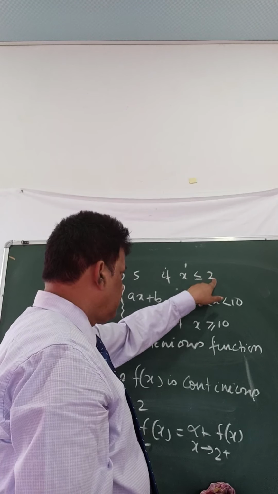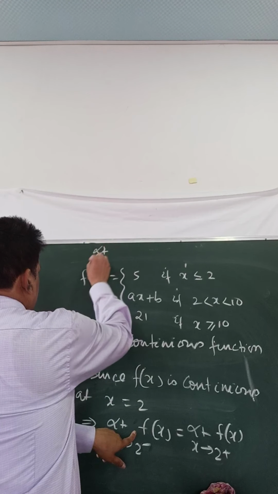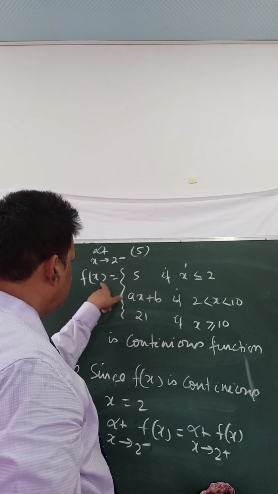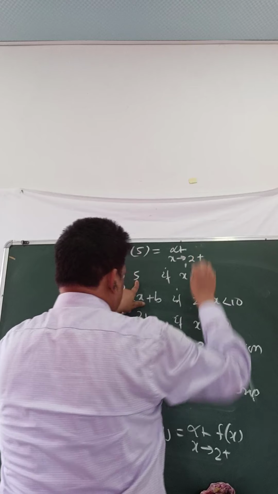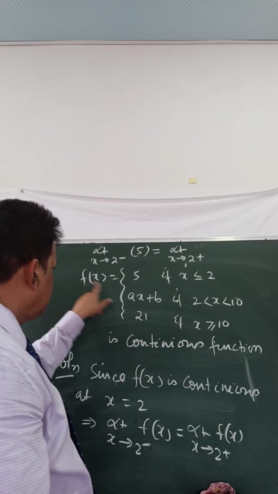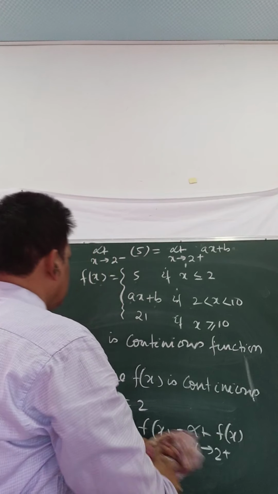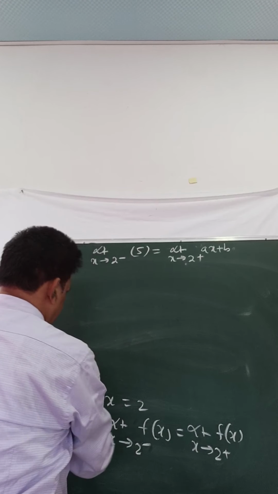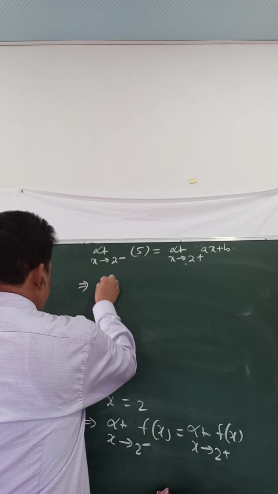Okay, so I am writing here, when x tends to 2 minus, f(x) value is 5. So here you can write limit x tends to 2 minus, the value is 5, equals limit x tends to 2 plus, means greater than 2, f(x) is ax plus b. So this implies it will remain same, 5.